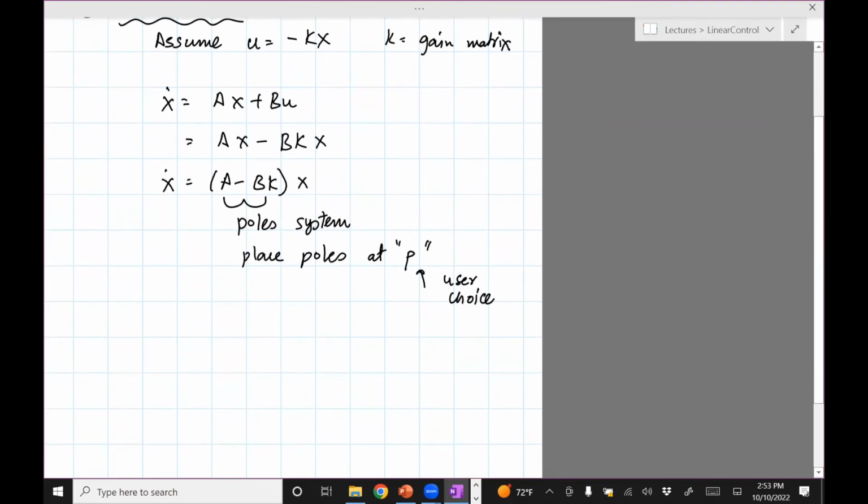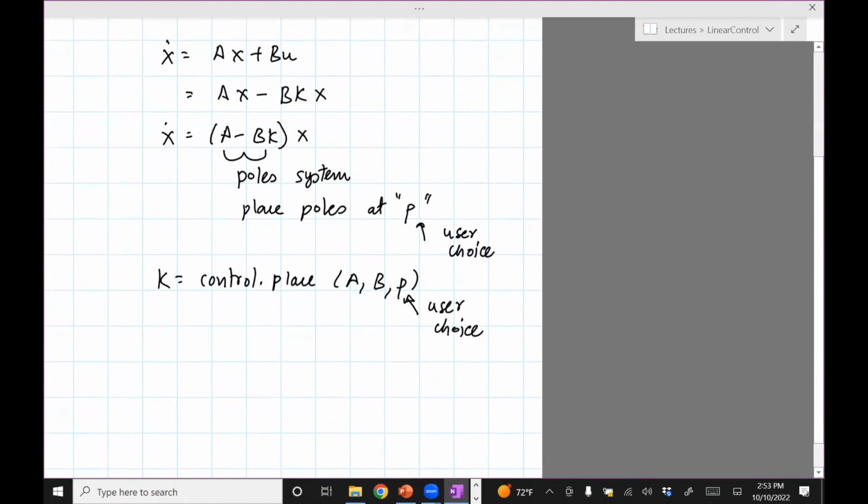You can do the calculation by hand, which I don't recommend. You can get this from the control module. You just say control.place, and you supply it with A, B, and P. P is again a user choice. You define where you want the poles, and it will give you the gain K.